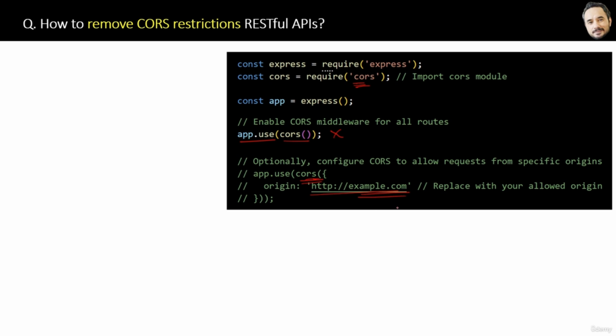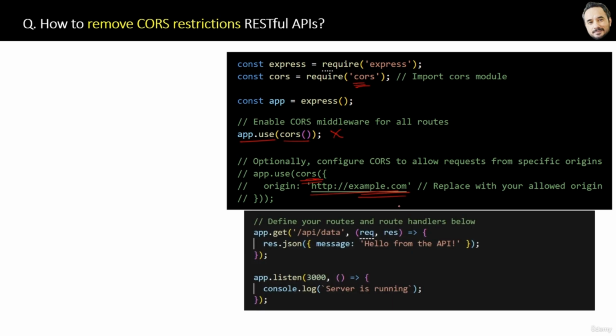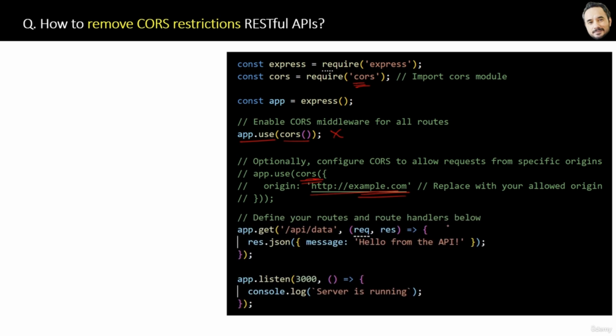Then as usual, write your routing code and finally start the server. That's the complete implementation, and that's the answer for removing CORS restriction. And here is the one line answer. CORS restrictions can be removed by enabling the CORS middleware in the application.